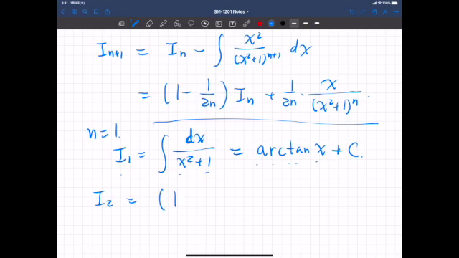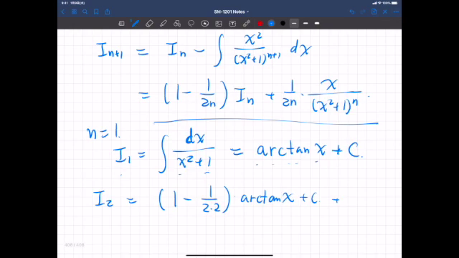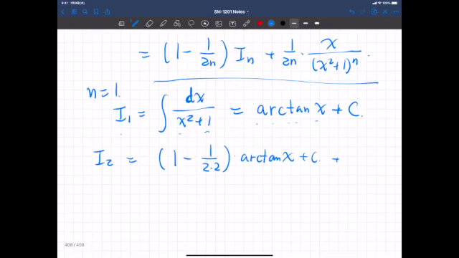So now when n is 2, this is 2 times 2, and I_1 is this arctangent plus constant, plus this function, 2 times 2 and (x squared plus 1) to the power of 2. So this would be 4 and this would be 4. Then if you know this function, then you can calculate I_3, I_4, and so on.